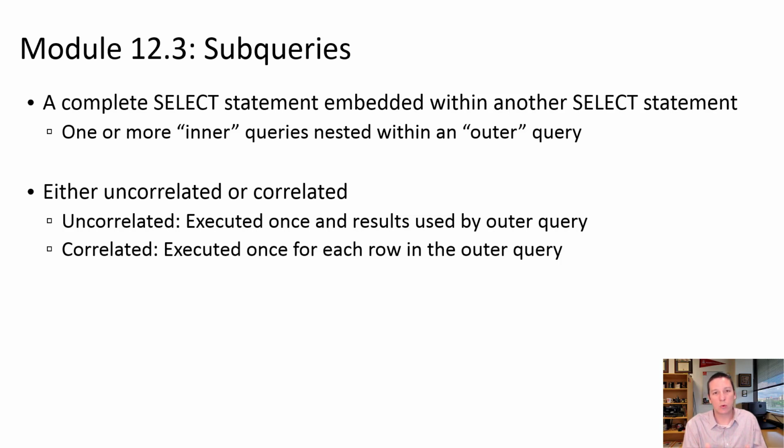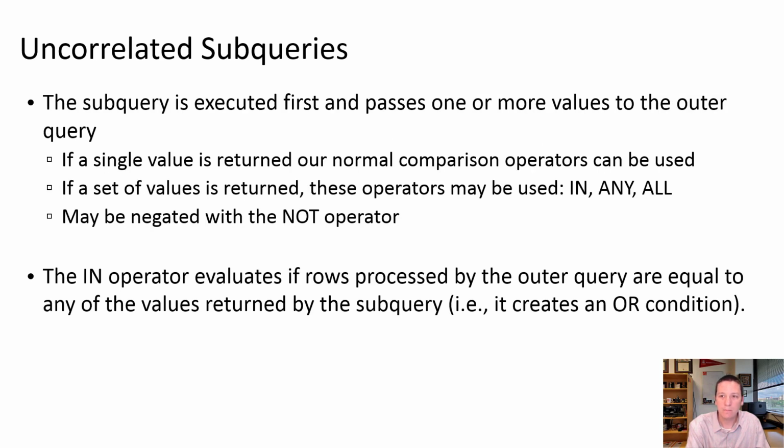And so the inner query executes, and the output of the inner query is fed into the outer query, and the outer query does something with those values, just as if we had specified those values when we were writing that SQL query. So for an uncorrelated subquery, the subquery is executed first and then passes one or more values into the outer query.